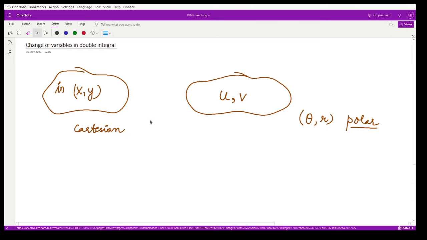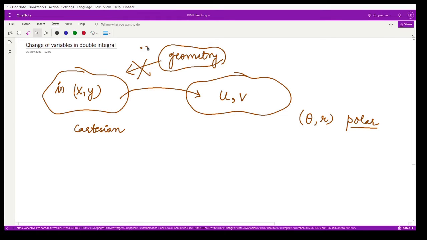Now say you wanted to shift from this system to this system, because your geometry or the area that you wanted to calculate is atypical and could not be solved here. So you go to this particular system so that you could very easily, by reducing the computations, solve whatever you wanted to calculate.